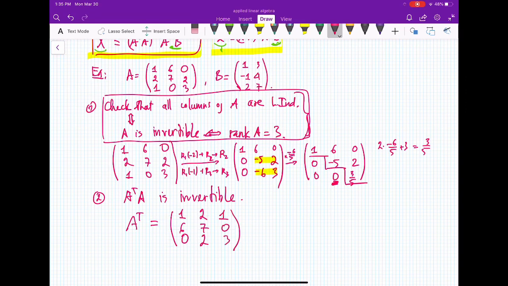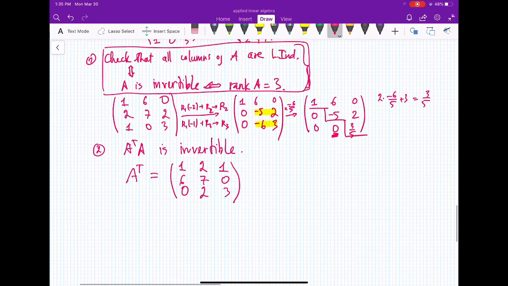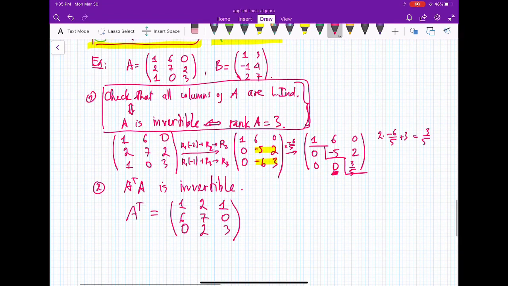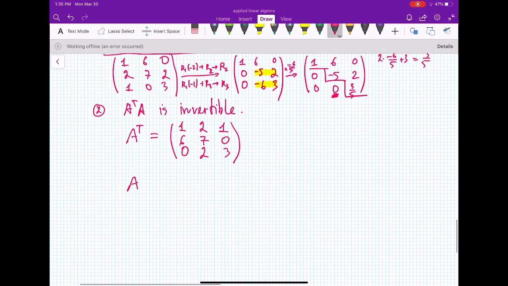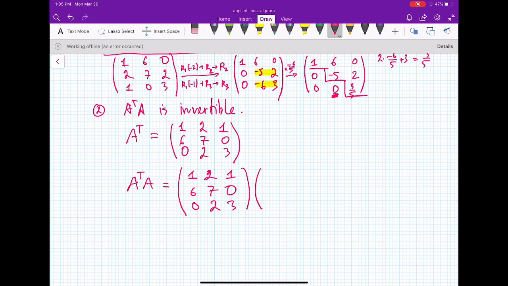I just write rows in column form and columns in row form, and then I multiply A^T A. I get 121, 670, 023 times 160, 272, and 103. That is A.